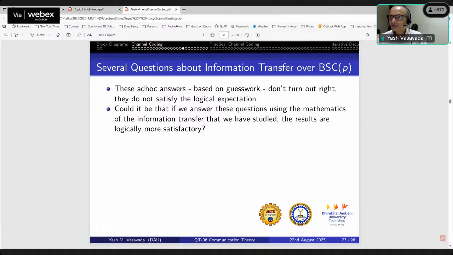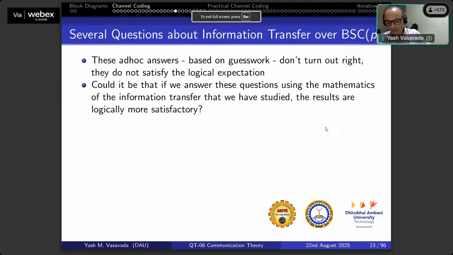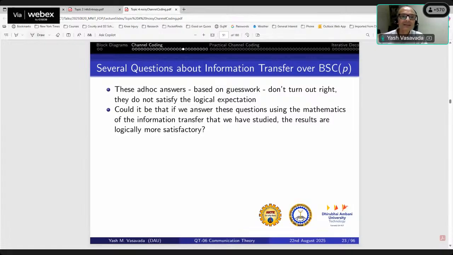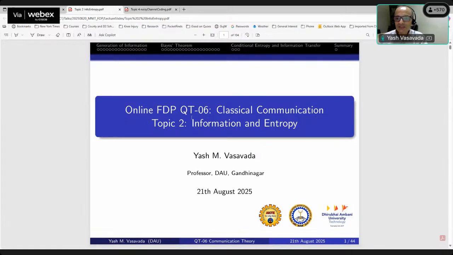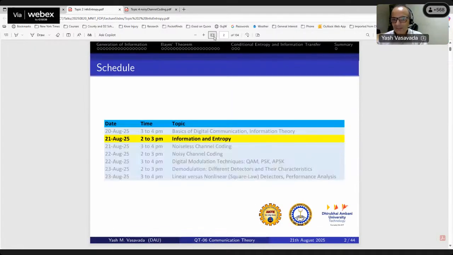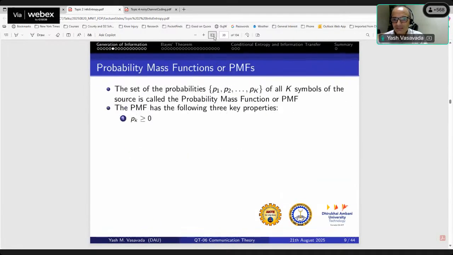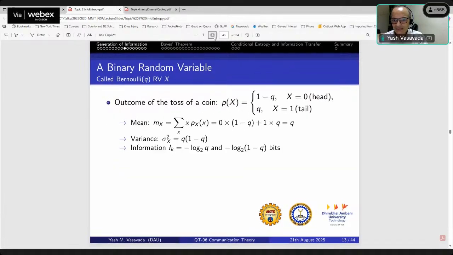So let me just quickly say that there is a notion of mutual information, or information transfer, that we were supposed to study. Actually, I have it in the topic 2, information and entropy slides, where we define the entropy.